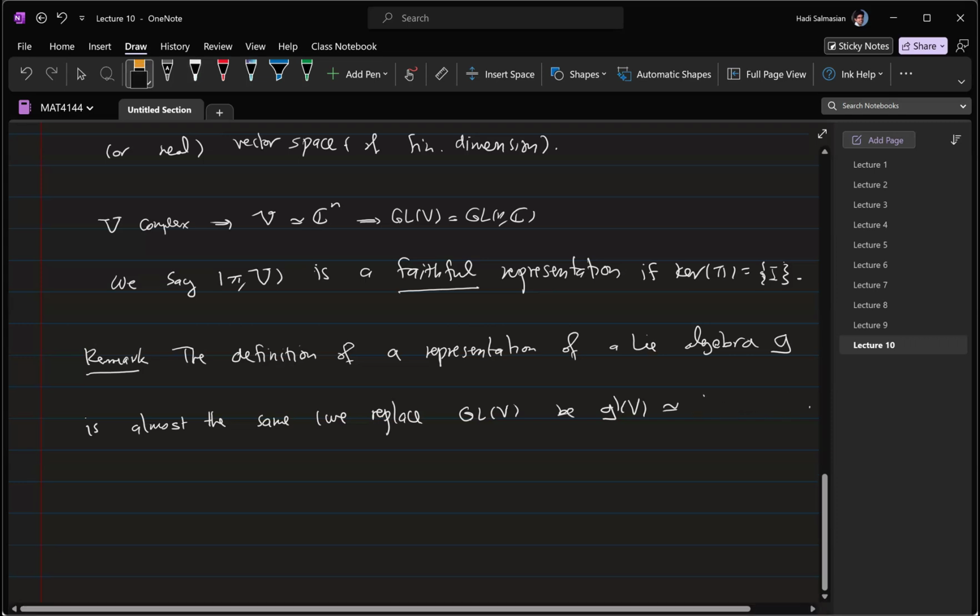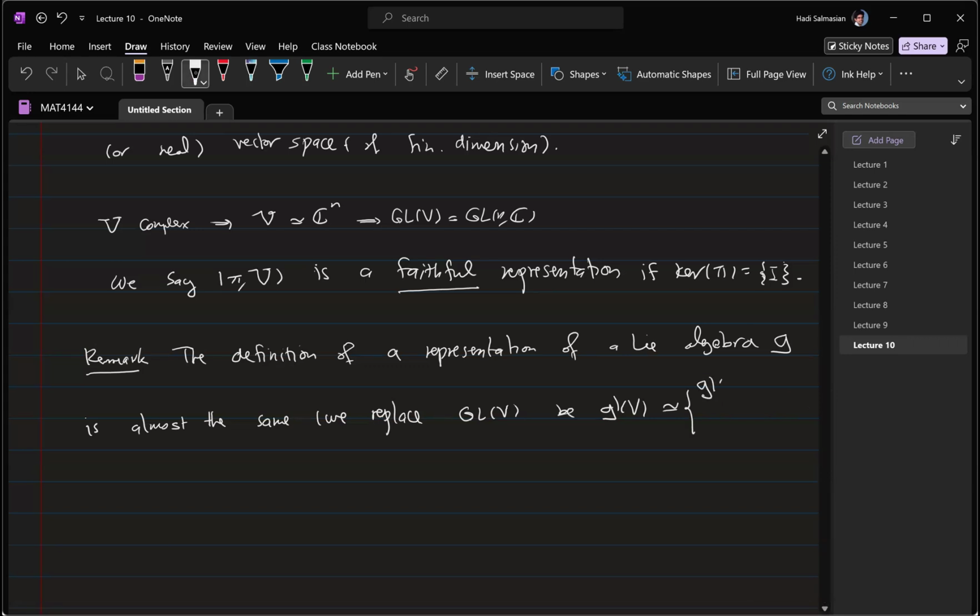Maybe I write it like this. For this Lie algebra of n by n matrices with the usual matrix commutator, okay? And pi going from this Lie algebra this time into gl(V) is a Lie algebra homomorphism, which means it's a linear map that preserves the bracket.